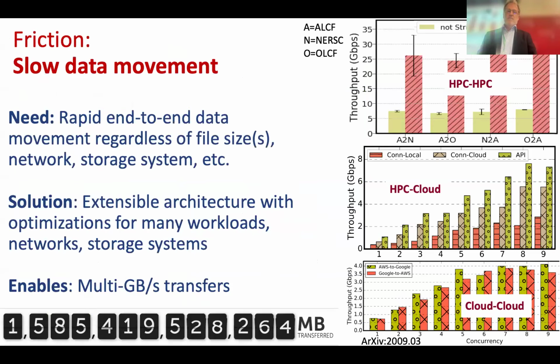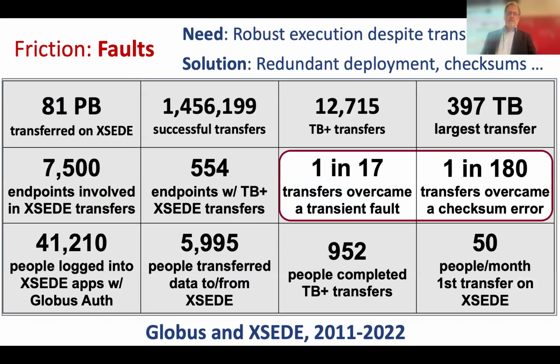So, oops, wrong way. This is some data from a particular National Science Foundation project called XSEDE over about a 10-year period, during which they ran more than 1 million transfers in total, and they observed that 1 in 17 encountered a transient fault.